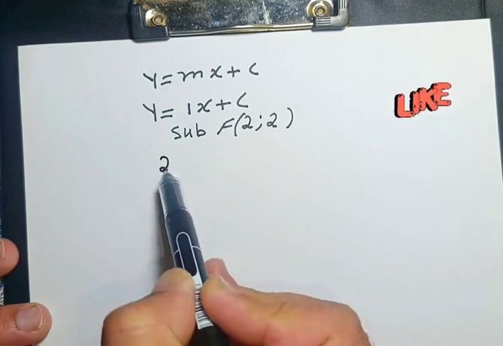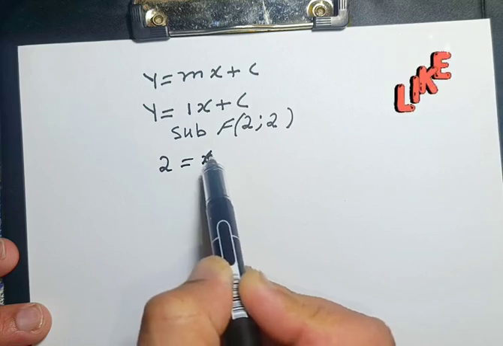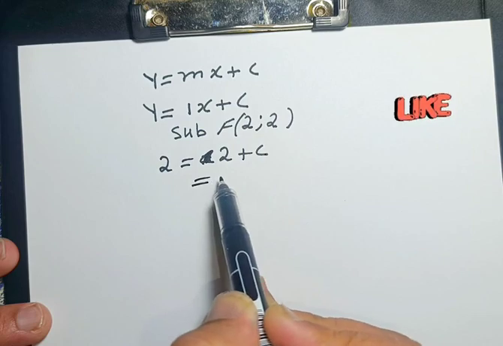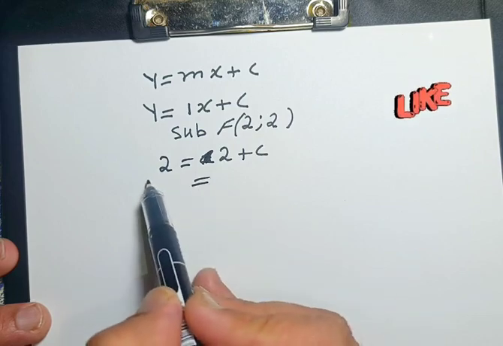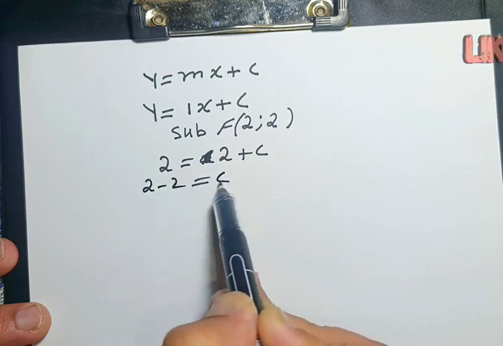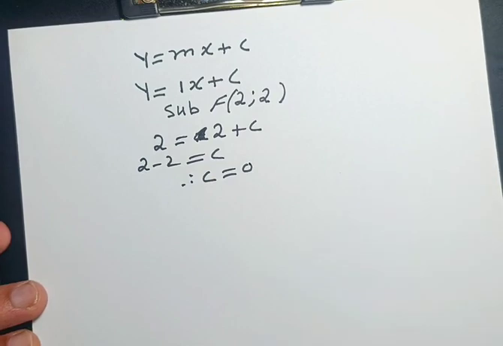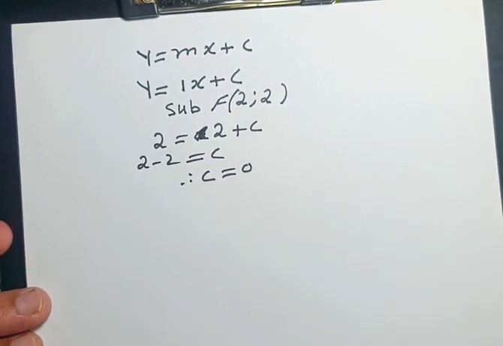So 2 is equal to 2 plus c, which gives 0 equals c. So the y-intercept is 0.